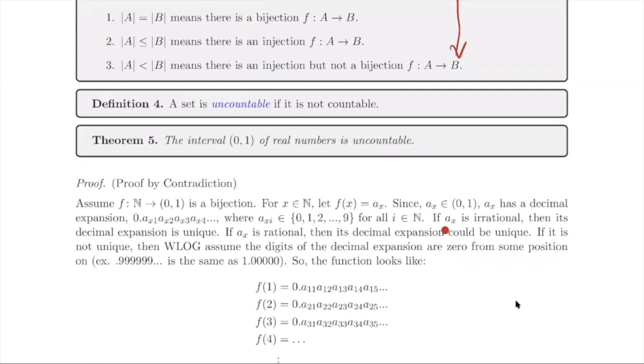Okay, so if x maps to an irrational number, we don't have any issues about double counting things, since each irrational number has a unique decimal representation. That's not true for other rational numbers. So for example, the number 0.9 repeating is actually the same as 1. Have you guys seen that before?